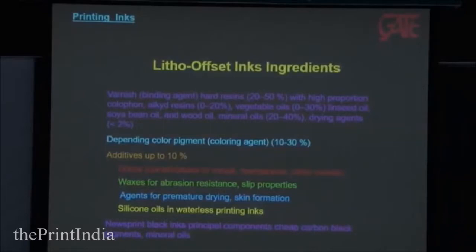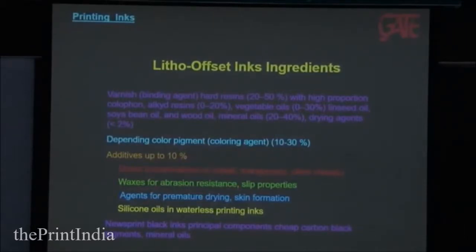Varnish, which is a binding agent, which is a hard resin, 20 to 50% with high proportion of olefin, alkyd resins, vegetable oils, linseed oil, soybean oil, etc. We don't have an ink session, so we will not talk more about detail. But I'm just to understand color, which really depends on the inks you are using. I'm just giving you a background.